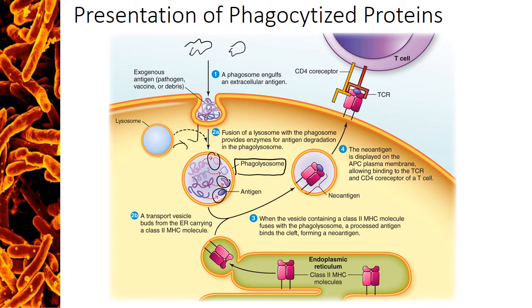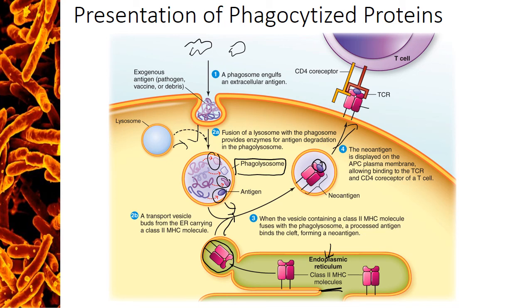The phagolysosome is now going to fuse with a vesicle that's coming from the endoplasmic reticulum. And what's in that vesicle is this MHC2 molecule. So remember, the MHC1s were used on the last slide. Now we're looking at MHC2s. This vesicle with the MHC2 will fuse with the phagolysosome, and when it does, it will get loaded with the antigen. This is then displayed out on the surface.